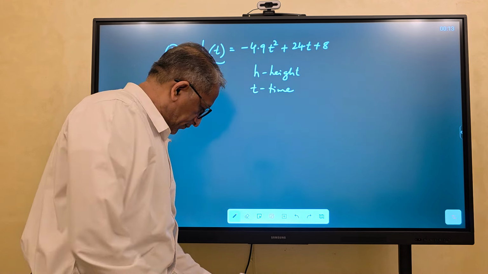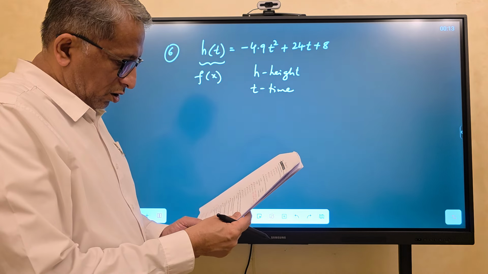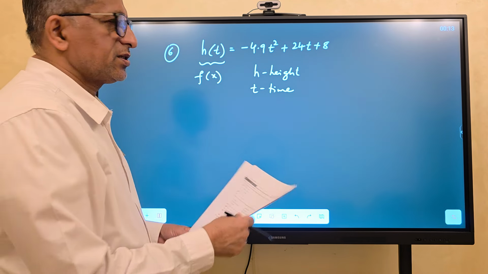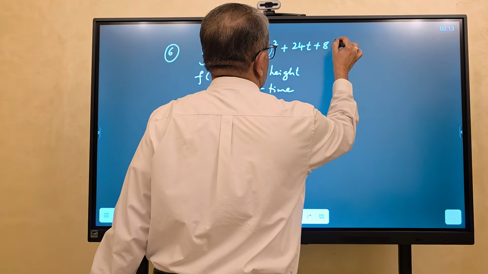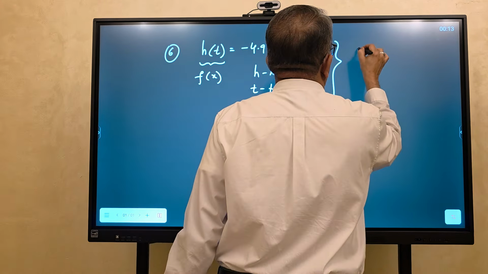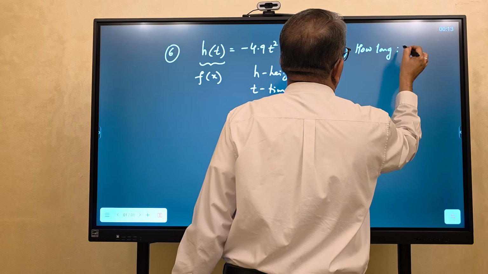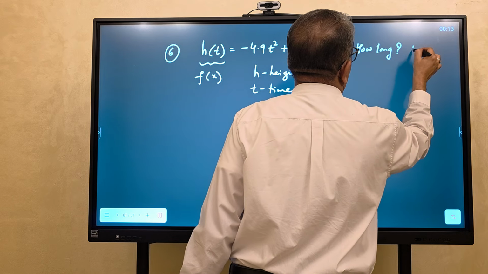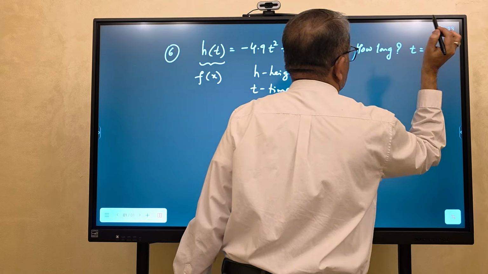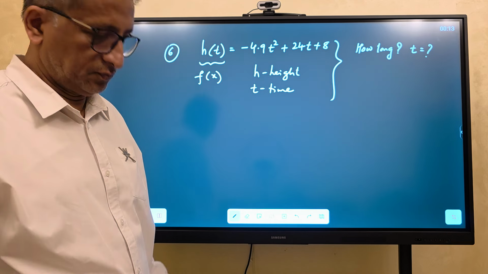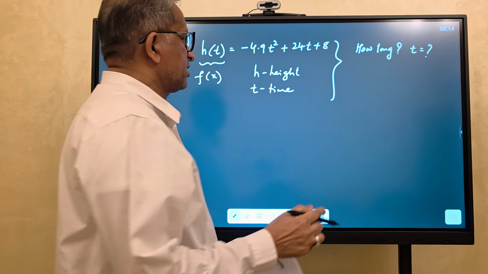What's your question here? How long does it take to reach the maximum height? So here, how long means, what is the time, to reach the maximum height.